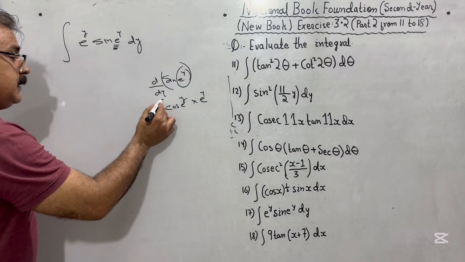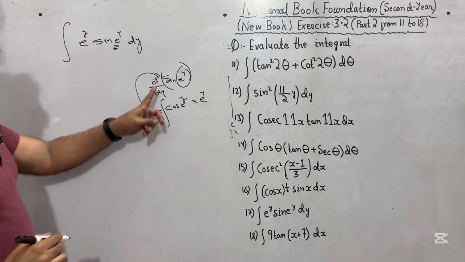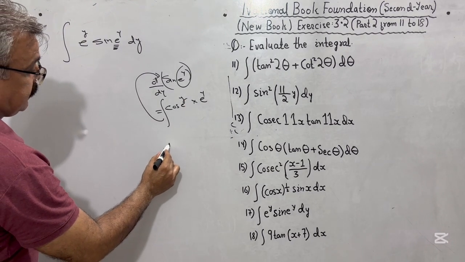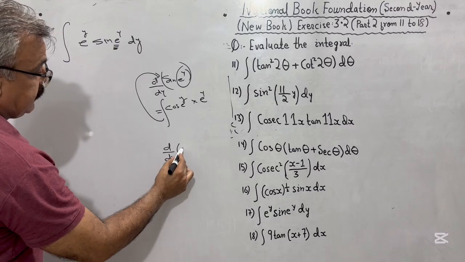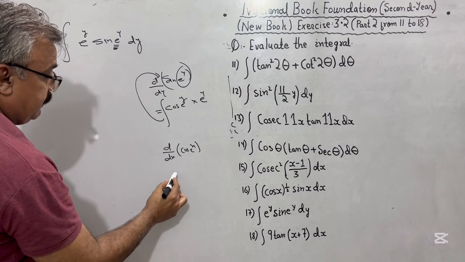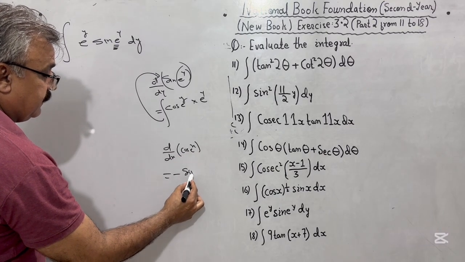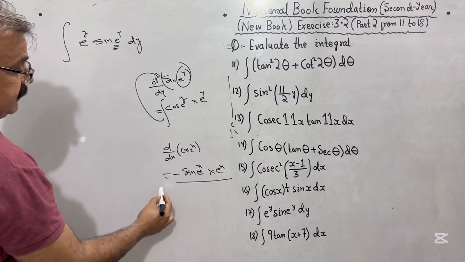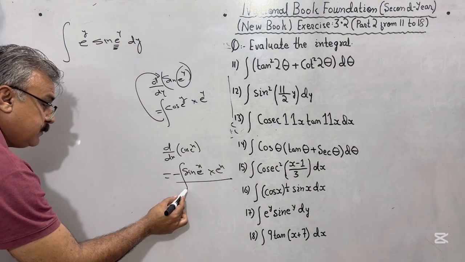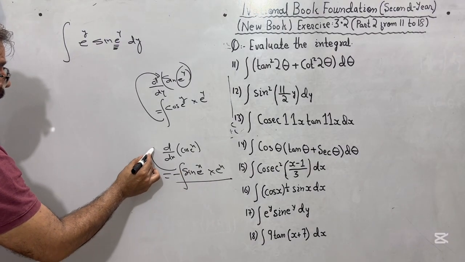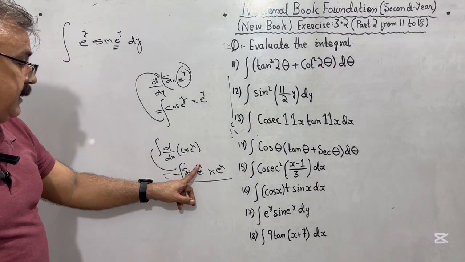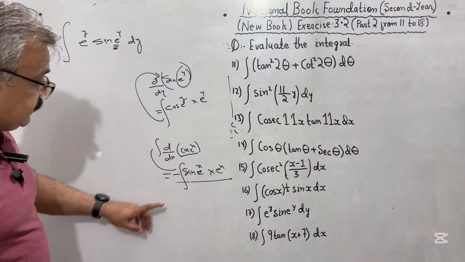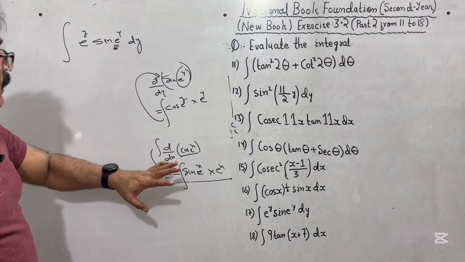So the integration of this must be sine e raised to y. Or differentiate cos e raised to x: it will become negative sine e raised to x, angle the same, then the differentiation of the angle, that's e raised to x. So by virtue of the derivative definition, the integration of sine of e raised to x times e raised to x is cos e raised to x, with the tiny deficiency of minus, which we can manage.